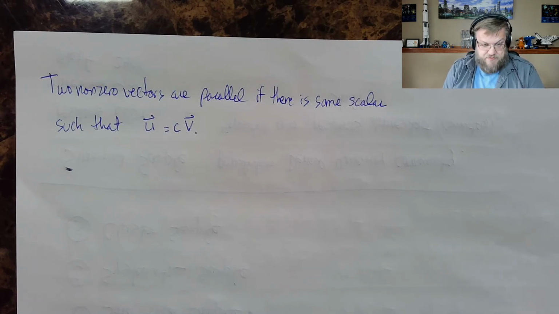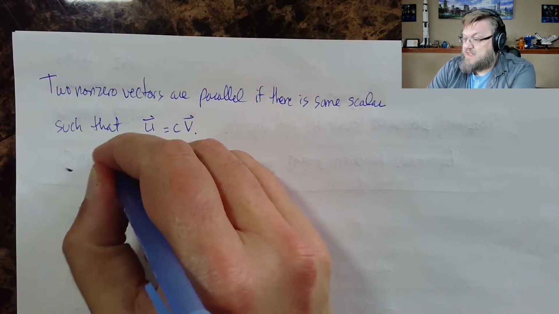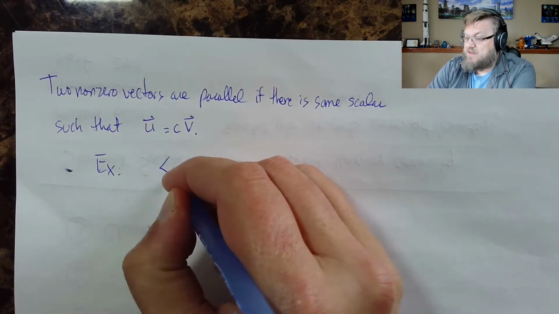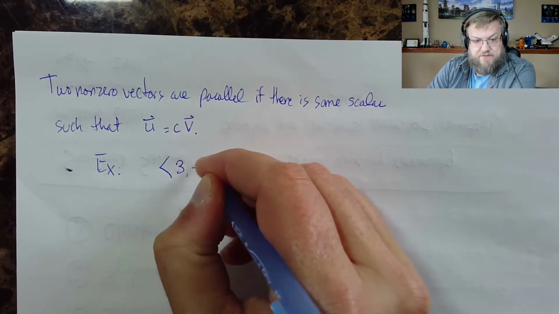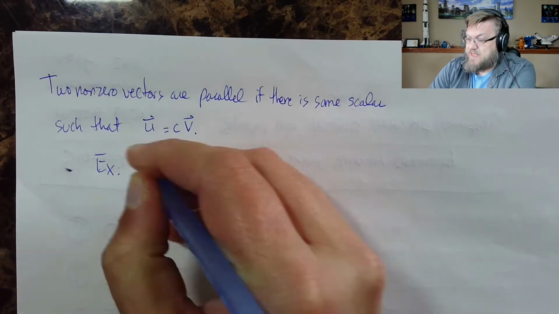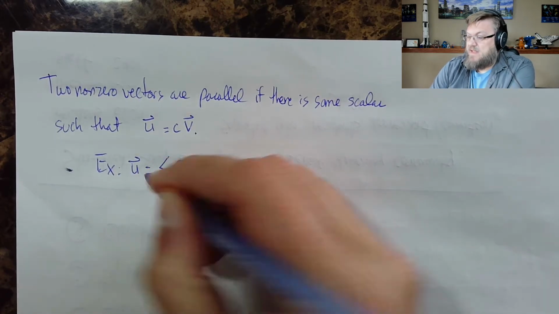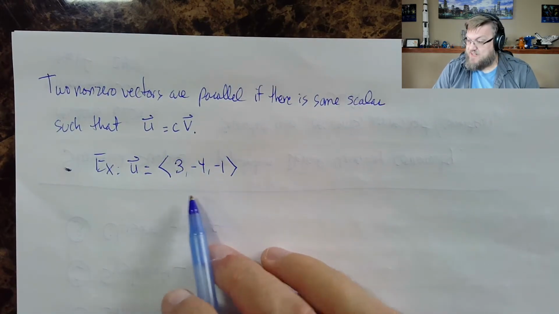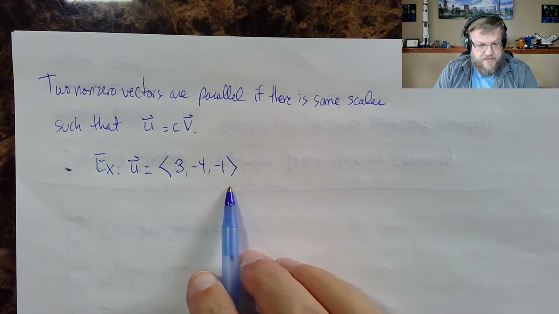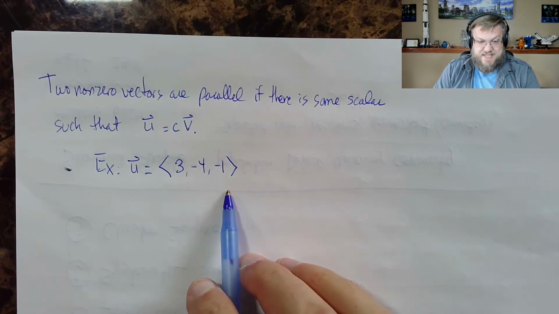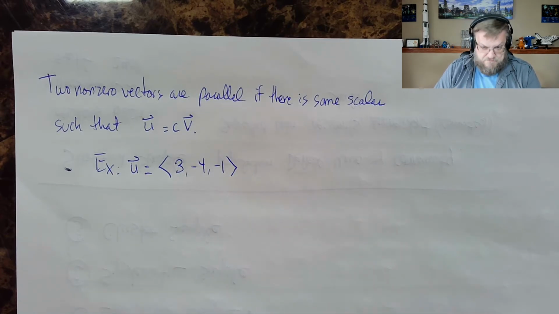So for example, let's take a look here. Suppose I throw the vector u = 3, -4, -1 at you, like this. Okay, and so you have this three-dimensional vector, 3, -4, -1. And now I want to ask, is the following parallel to another vector, right?